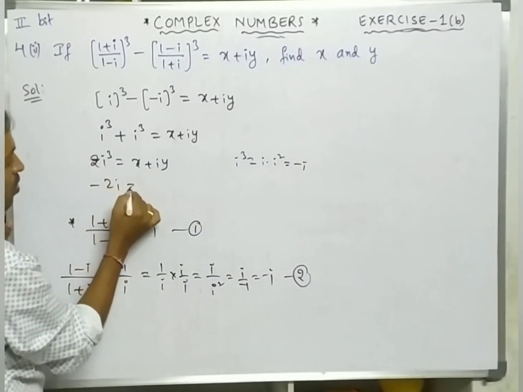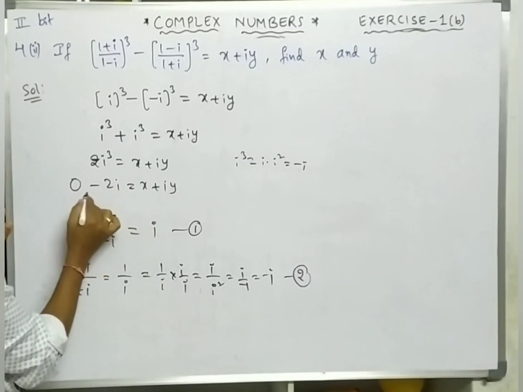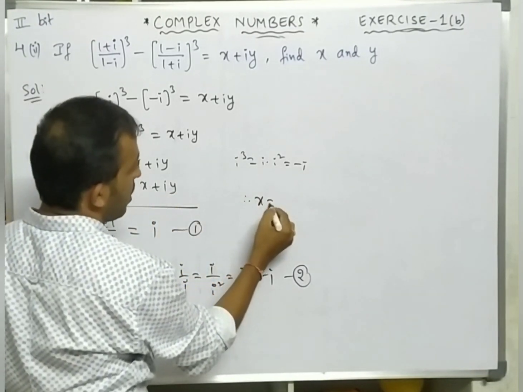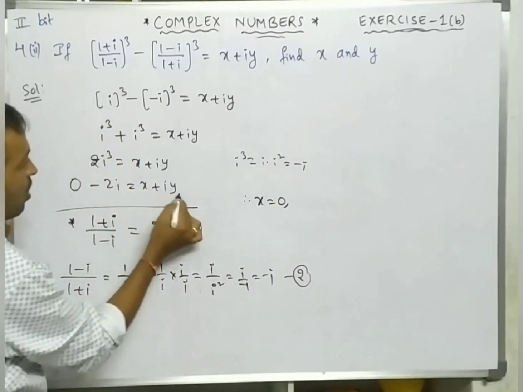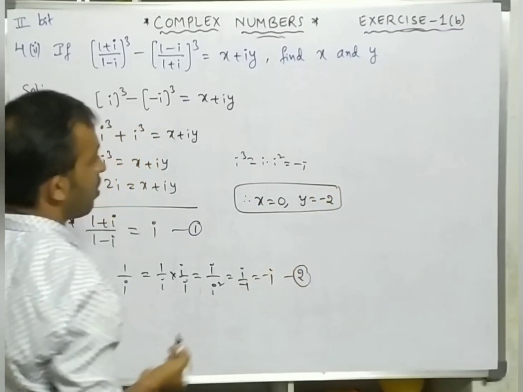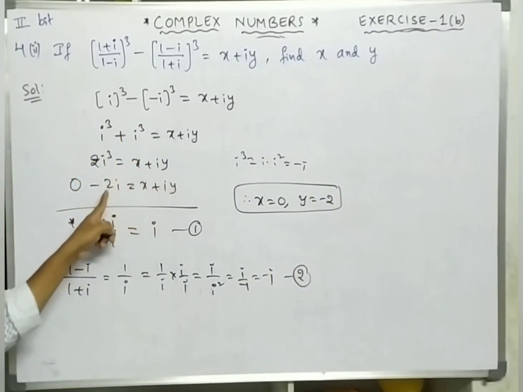So -2i is equal to x + iy, which is 0 - 2i, purely imaginary. By comparing we get x = 0 and y = -2. These are the values of x and y.